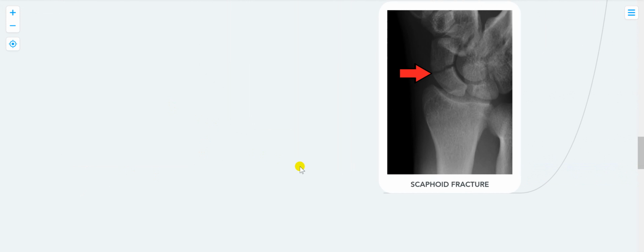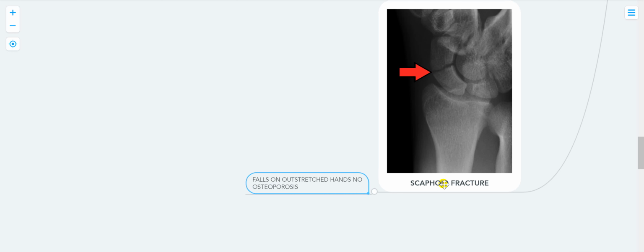Let's see scaphoid fracture. What is that? A scaphoid fracture is a fall on outstretched hands, and there is no osteoporosis. How does it present usually?